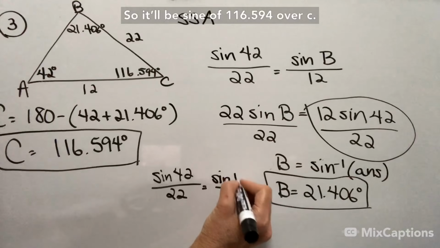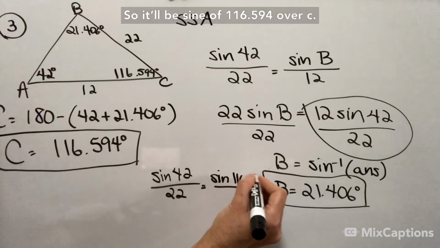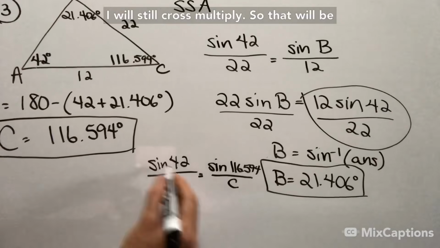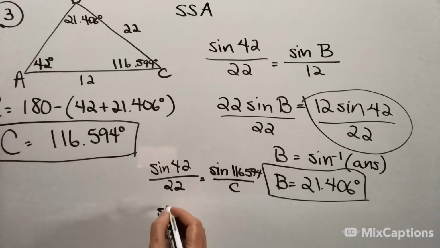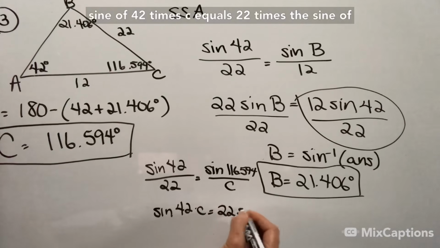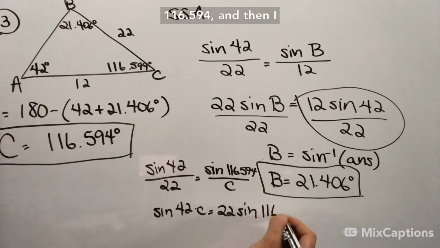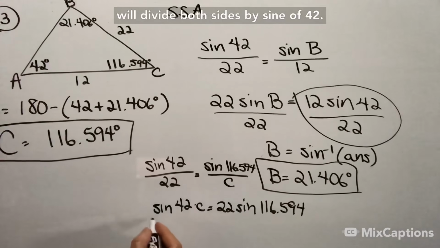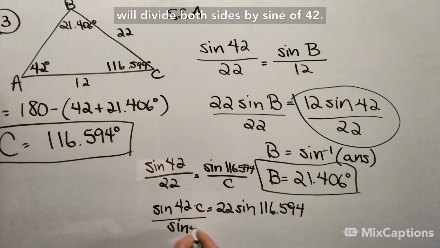So it will be sine of 116.594 over C. I will still cross multiply, so that will be sine of 42 times C equals 22 times the sine of 116.594. And then I will divide both sides by sine of 42.